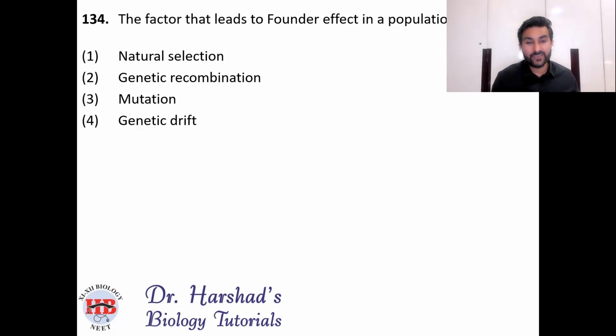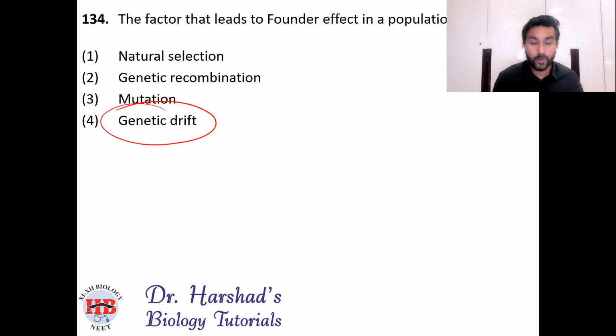The factor that leads to founder's effect. If you remember, founder's effect was related to a set of population going to a completely new area. That movement of the population completely to a new area is called genetic drift. And that leads to founder's effect with regards to variation, with regards to change in your genetic equilibrium.